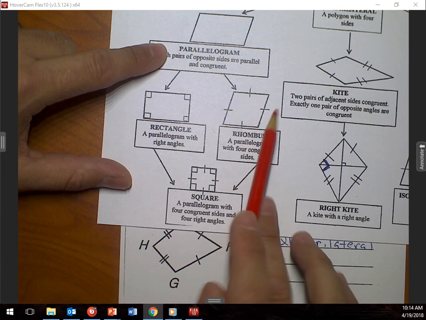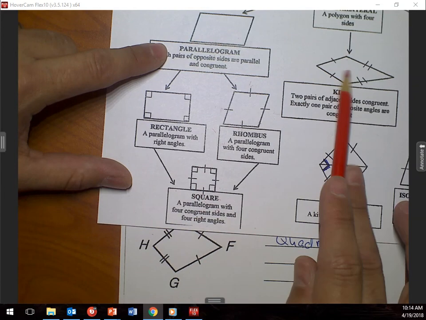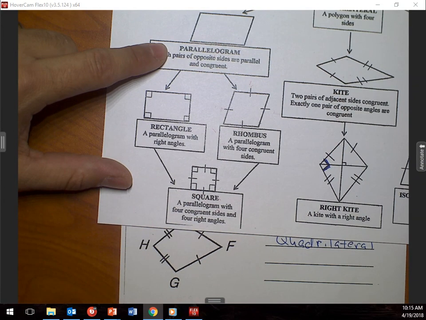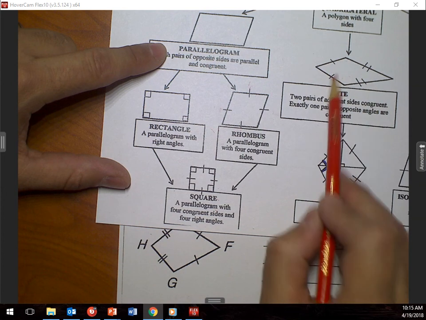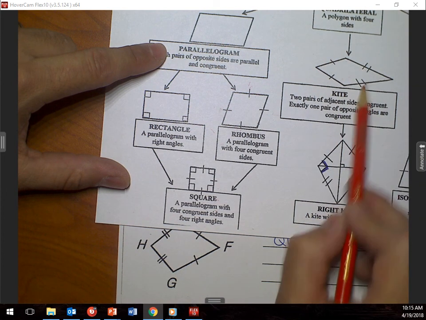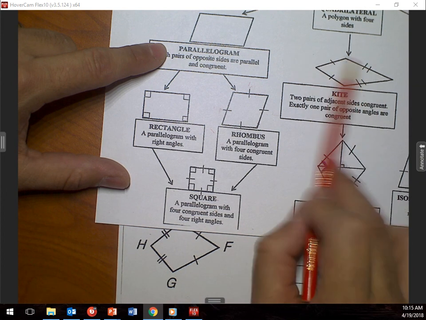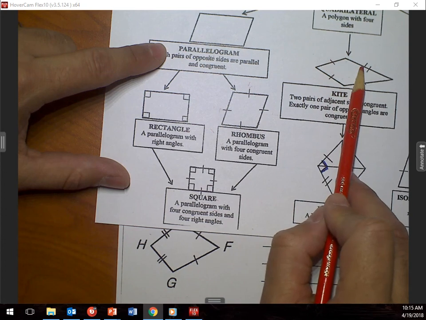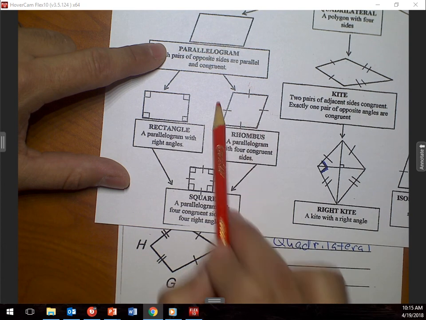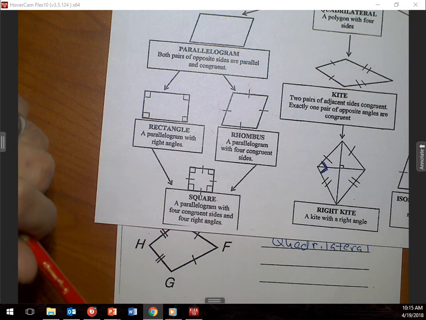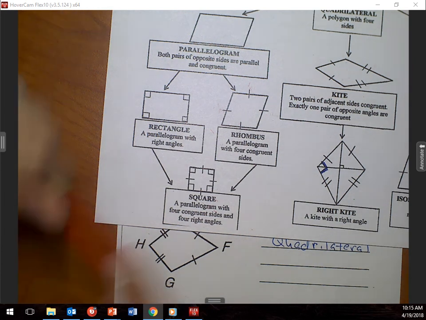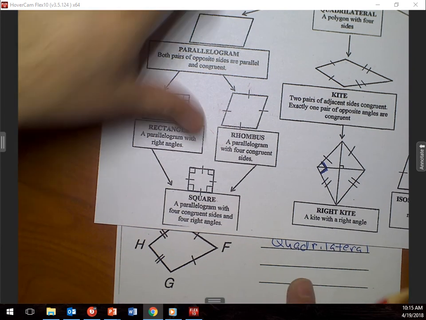So all four sides are congruent. In a kite, are all four sides congruent? No. These two are congruent to each other and those two are congruent, but they're not congruent to each other. Does that make sense? And in a rhombus the opposite sides are parallel.